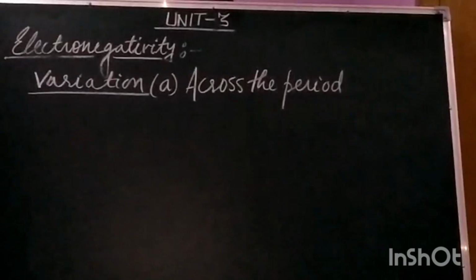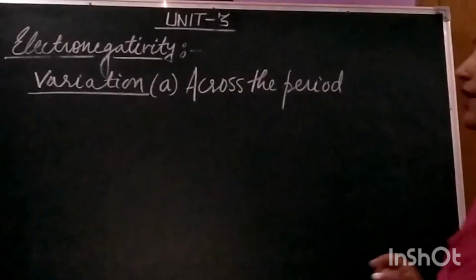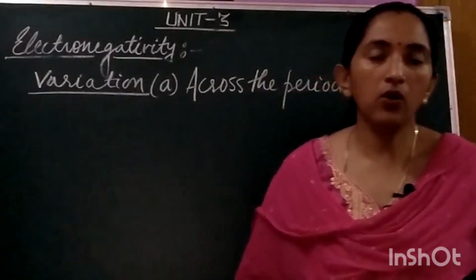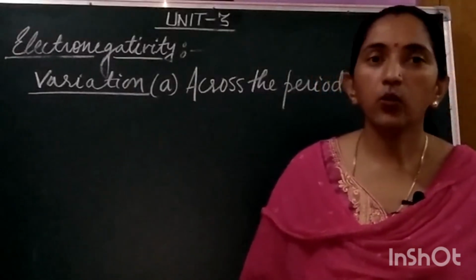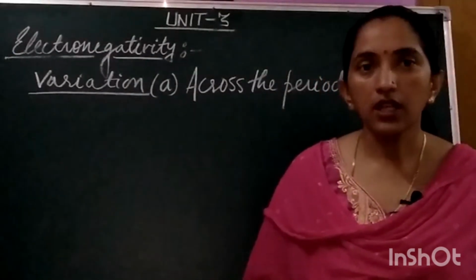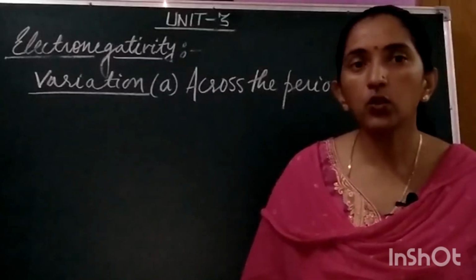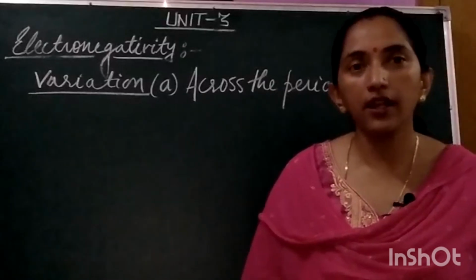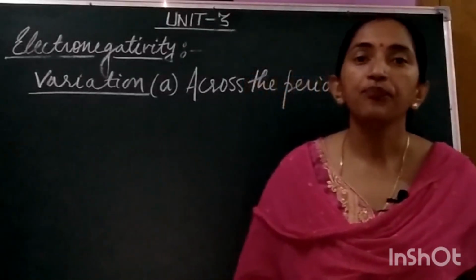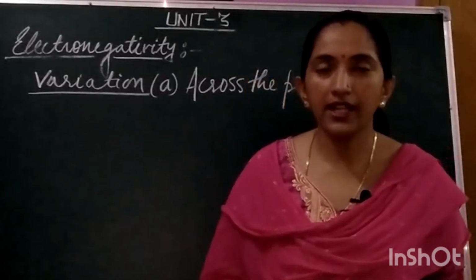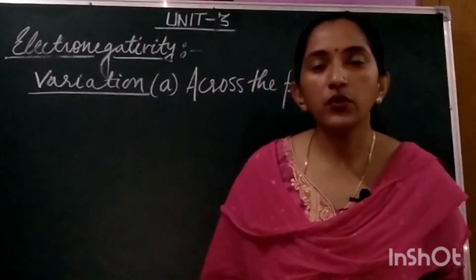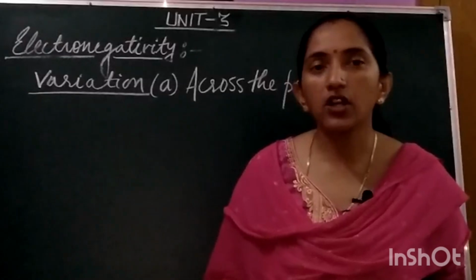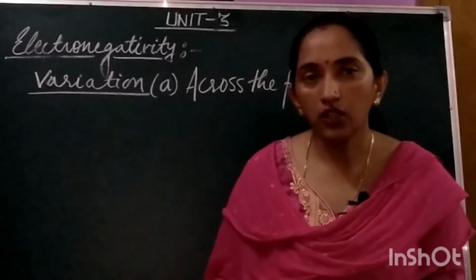Now students, we will discuss the variation of electronegativity across the period and down the group. You can easily tell what happens to the size and the nuclear charge when you move across the period. On moving across the period there is a decrease in the size of an atom and an increase in the effective nuclear charge, as we move from left to right, except for the noble gases.